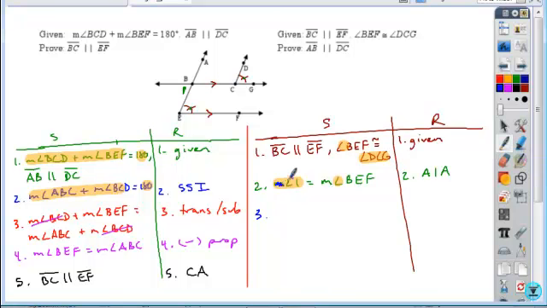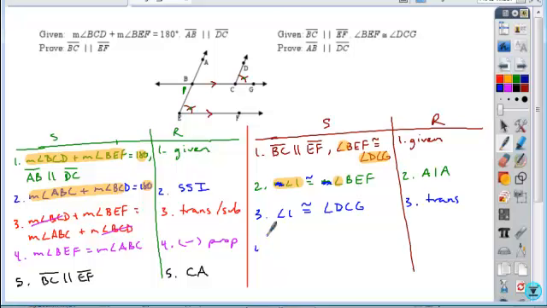Actually, let me go back. I'm just going to use congruence here instead of equality. So angle 1 is congruent to angle BEF. We can now say, since two things are equal to the same thing, they're equal to each other. So we could say that angle 1 is congruent to angle DCG. And that would be based on transitive property.